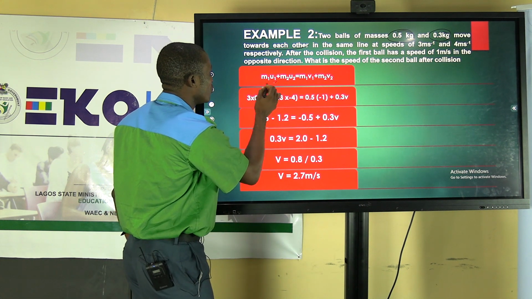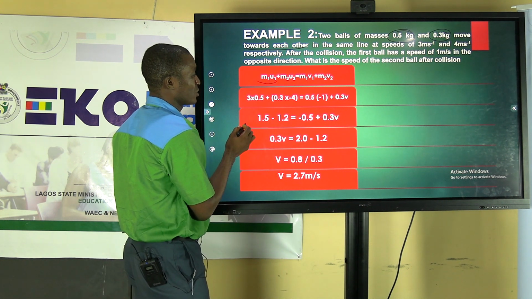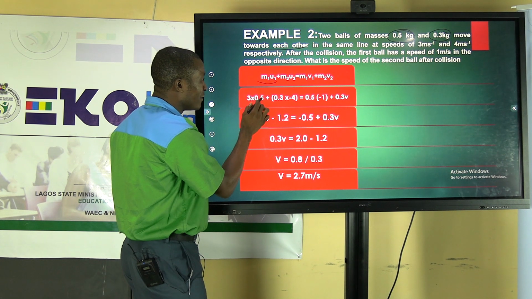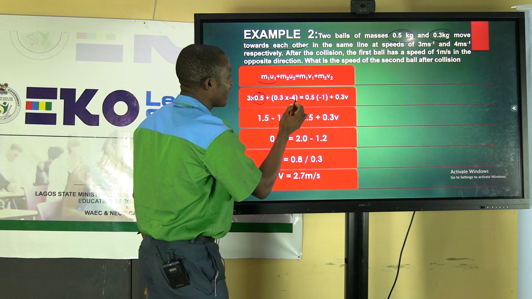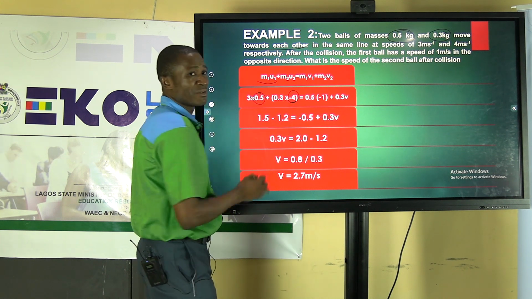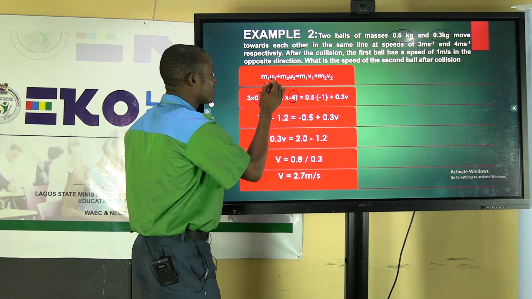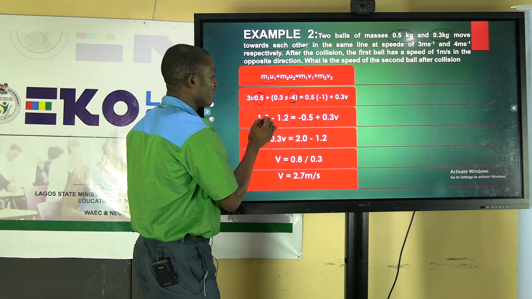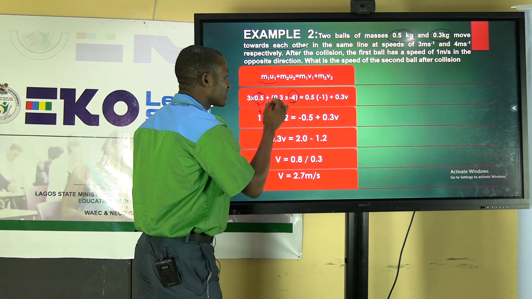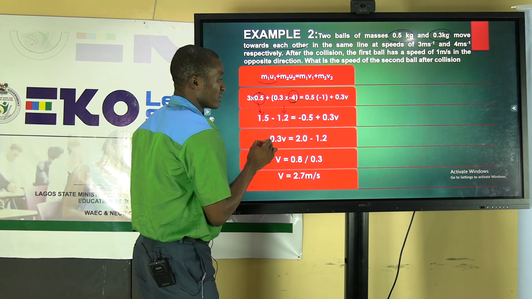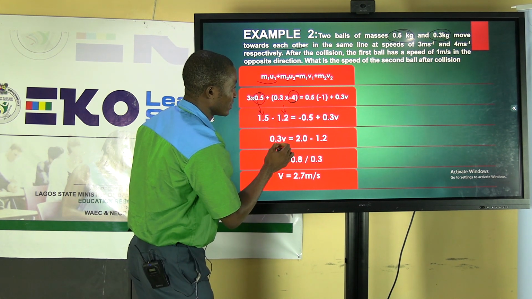So the first one is what we refer to as the primary direction here, so the velocity here is positive. And the second one is what we refer to as the opposite direction. That's why it's having -4. So mass times velocity, 3 times 0.5, you have this. 0.3 times 4, you have this. Plus times minus gave us minus. So when you subtract, you have this.